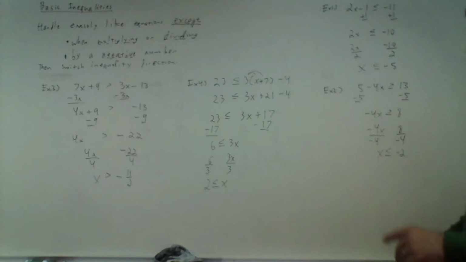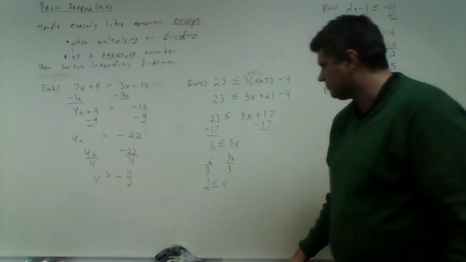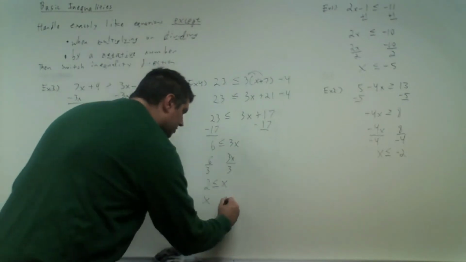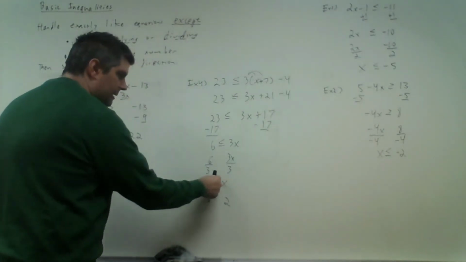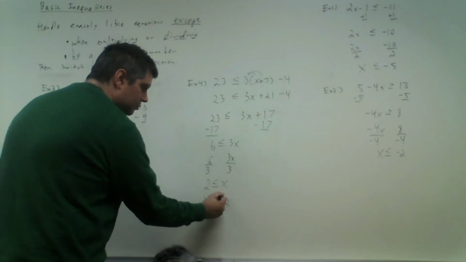It's customary to write variables on the left, so we're going to do a little bit of a switch here. I'm going to move the x over here. I'm going to put the 2 over here, and the mouth must chase the larger meal, so we will follow the x when we move.